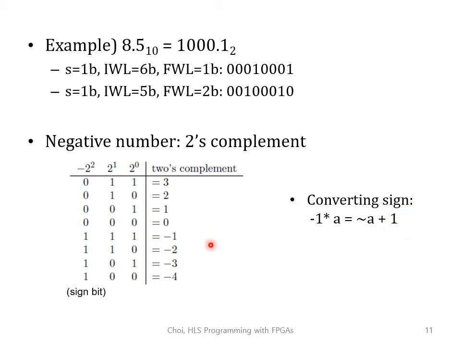So -3 is flipping all bits in +3, 011, giving 100, and adding 1. So 101. And if you have 3 bits, you can represent from +3 to -4. Okay?